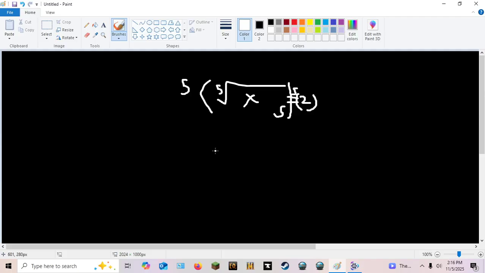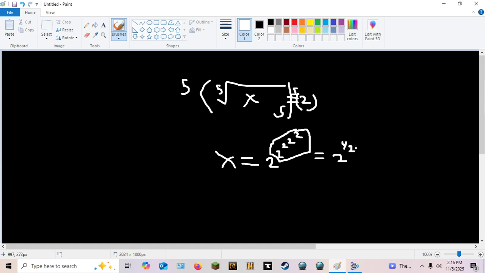The 5's will cancel, giving us x by itself. X equals 2 tetrated to 5. I can rewrite it as 2 squared squared squared squared, 5 times. Now, I know that this part covered in the box is 2 tetrated to 4. So let me replace that with 2 tetrated to 4.